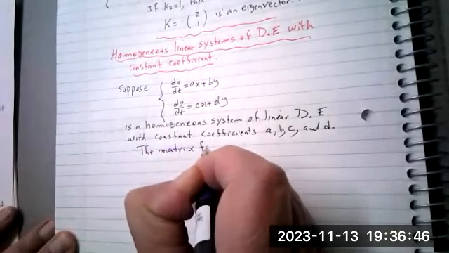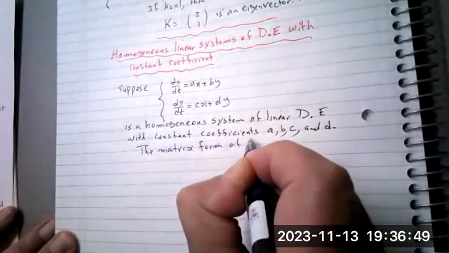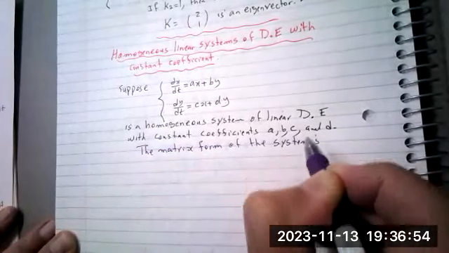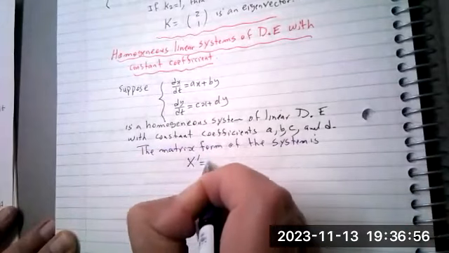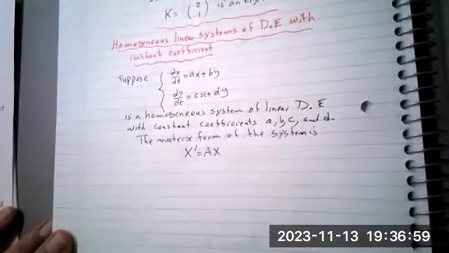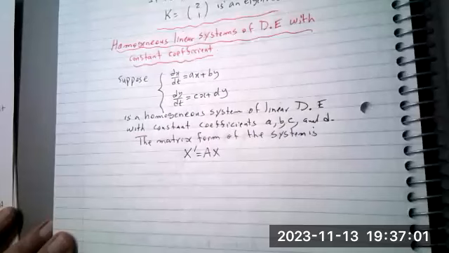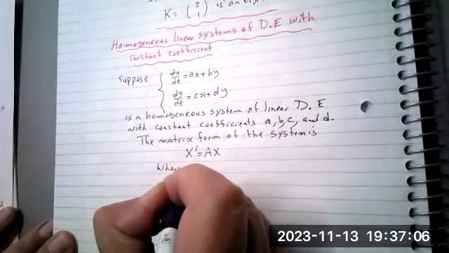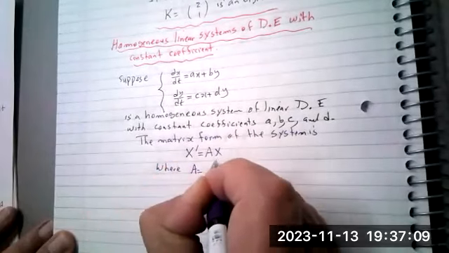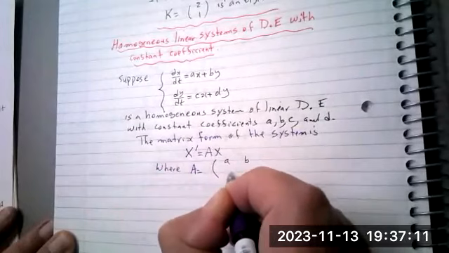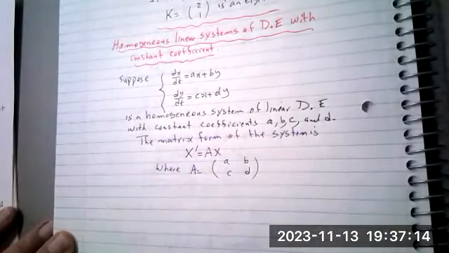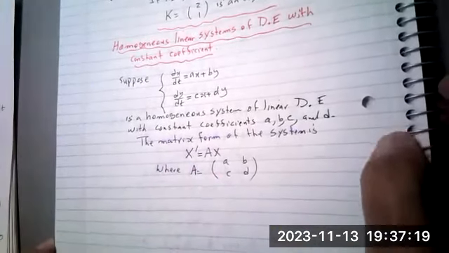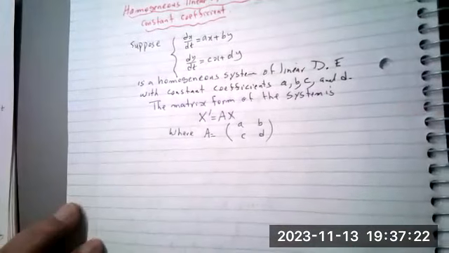The matrix form of the system is, remember, x prime equal to A times x, where A is the matrix of the coefficients, a, b, c, d. And we already denoted the other one, you know what it means, x and x of t. Okay, so this is the case that we have.